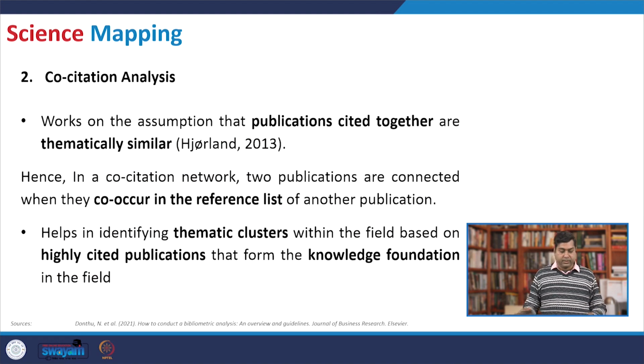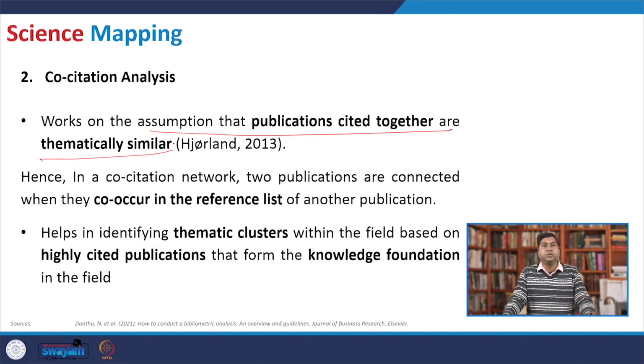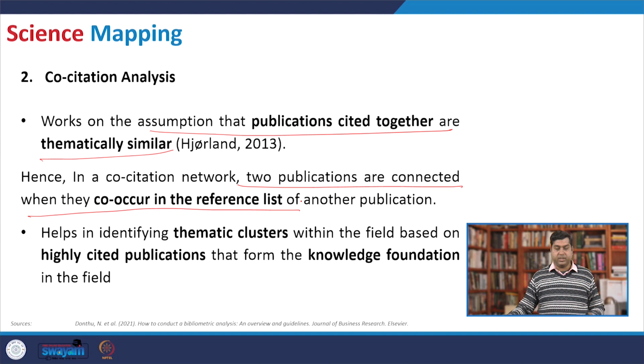Co-citation analysis works on the assumption that publications cited together are thematically similar. Two publications are connected when they co-occur in a reference list. So, if two papers look at similar references, they are also talking about a similar approach. This is something you can do.